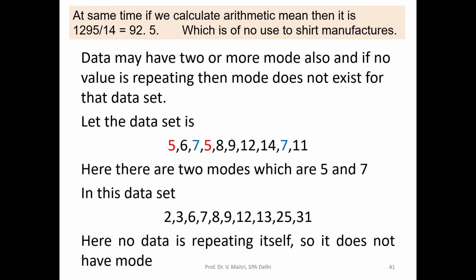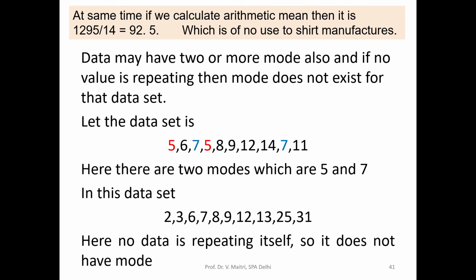He cannot make all the shirts of 92.5, like the tradition that made the mistake by crossing the river. You could also say that everybody should wear 92.5. So the person whose size is 100 centimeter can't wear it. The person whose size is 85 or 80 can't either. Every time he will look like a joker. So that is a difficulty. In that case, mean will not work, mode will work.